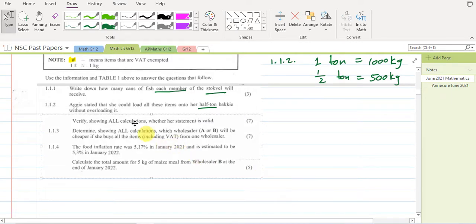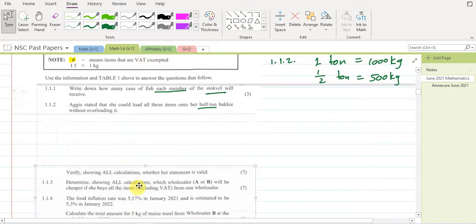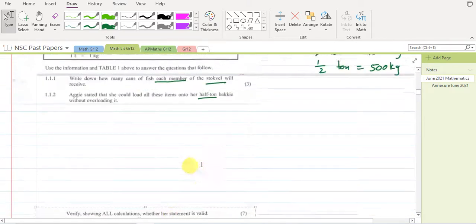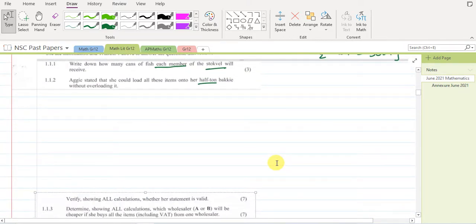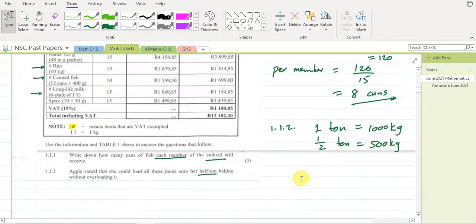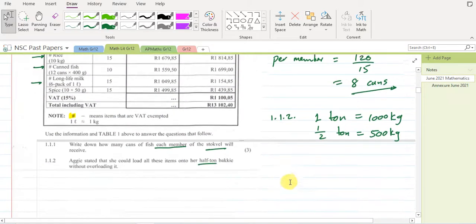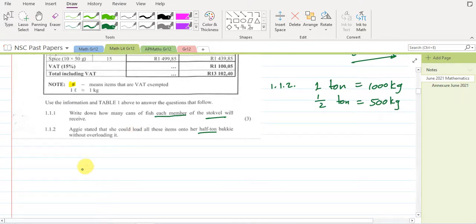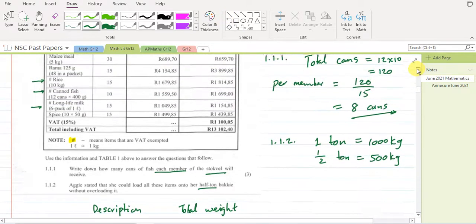Let's make some space. Yes, I'm going to go over slow, guys. Right, so let's see, we need a description here. We're going to draw a table. So you can put description, and you can write down the total weight, as given. How many items are there? Let me just see.